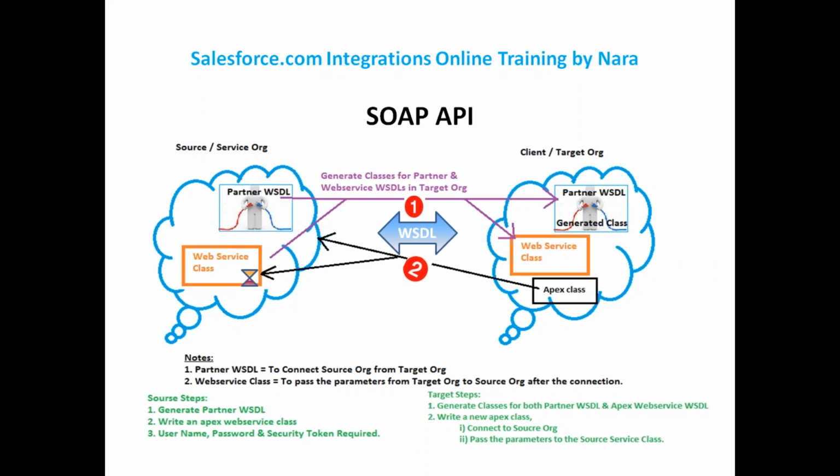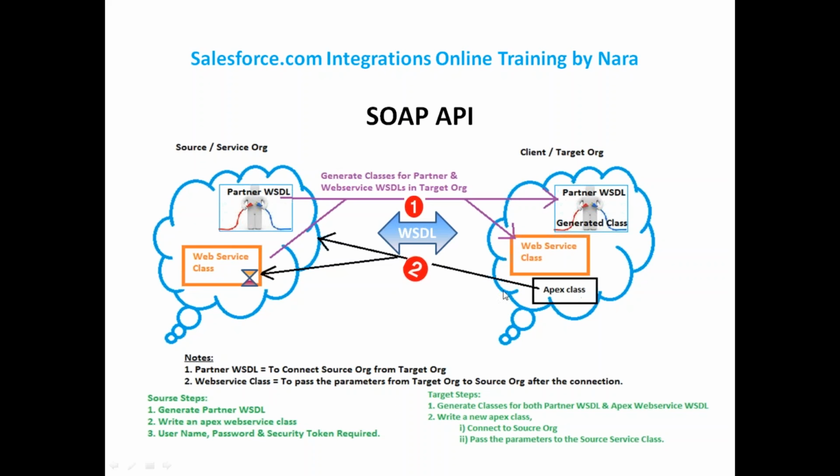Once the classes are generated, using the partner class you can make the connection. See the second step, this is the connection. We are able to connect, and once the connection is done, we are able to generate the session ID. You have to use the session ID along with the header element to call the custom web service.